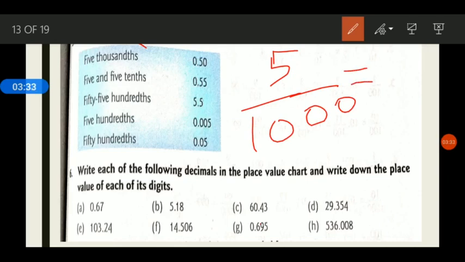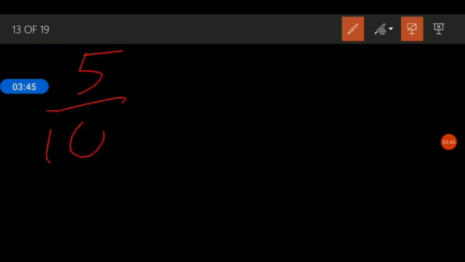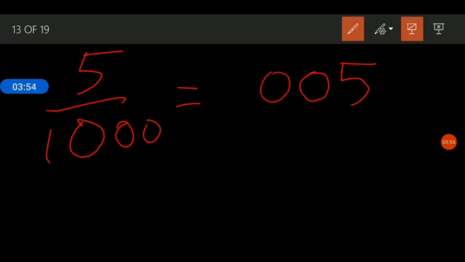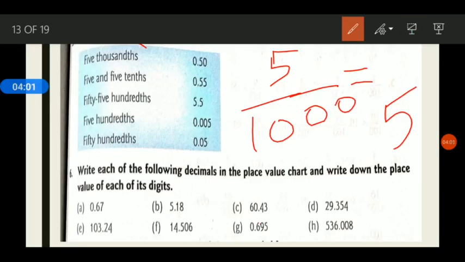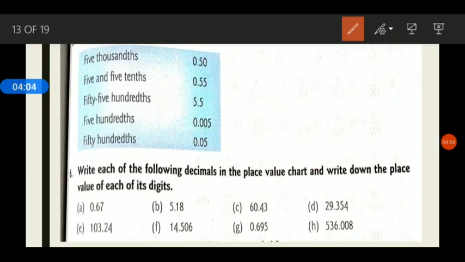Now when you write 5 upon 1000 as a decimal, we put the decimal point before 3 digits. But in the numerator only 1 digit is given, that is 5 only. To make it 3 digits, we put 2 zeros. Now it becomes 3 digits. Now put point. It will become 0.005. So when you match it, 5 thousandths means 0.005.